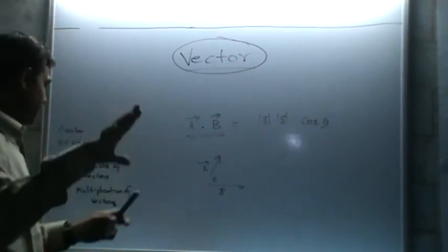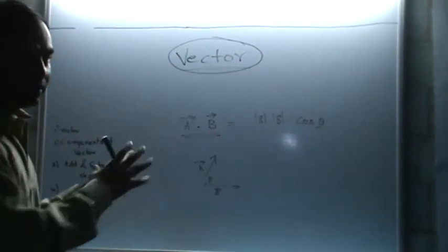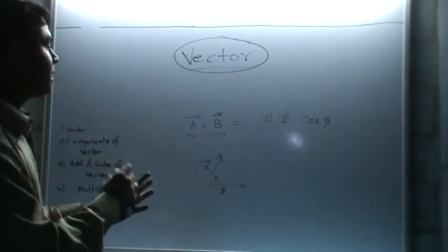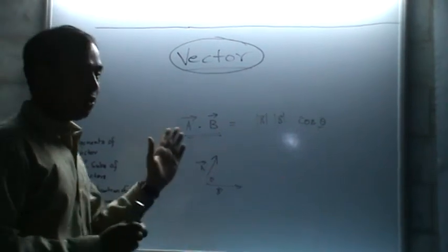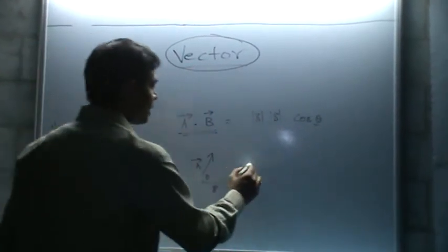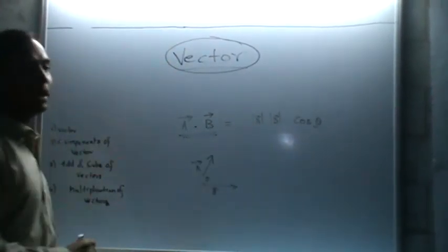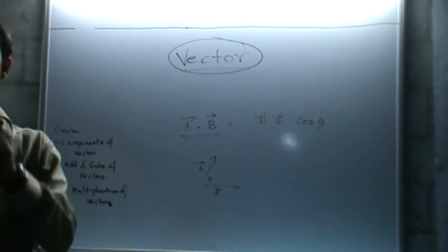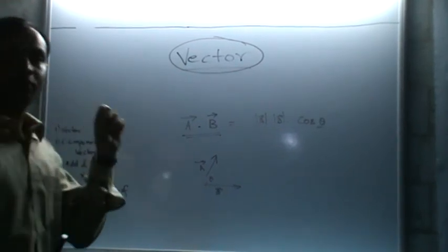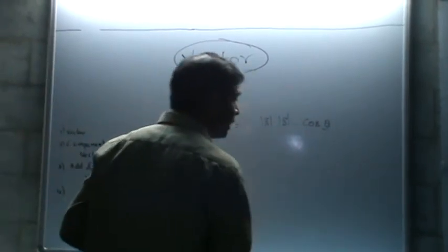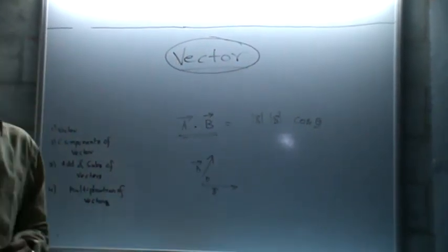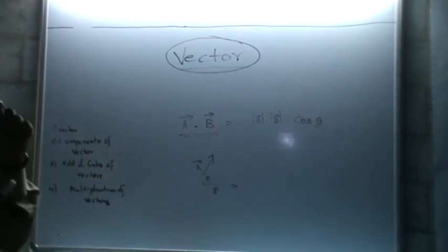So don't take tension. Take it very lightly. It's a very easy chapter. You have to just absorb things. What is the addition? What is the subtraction? Always remember, when you add two vectors, subtract two vectors, multiply two vectors, always the resultant will be a vector. And if you say vector, it means it will always have a magnitude and it will always have a direction.